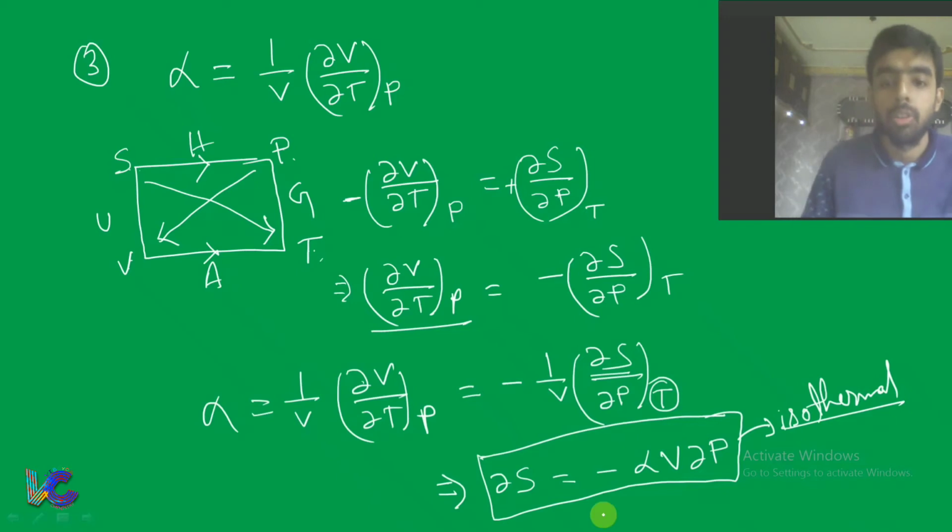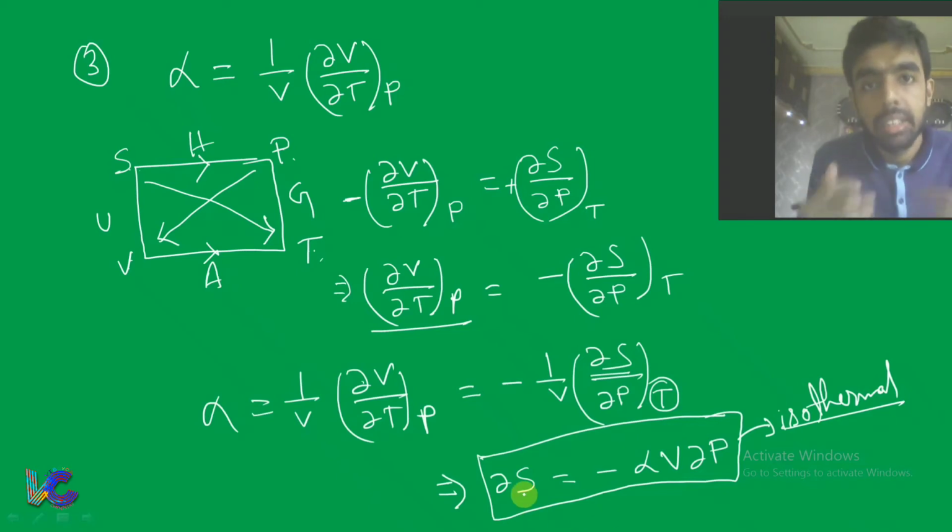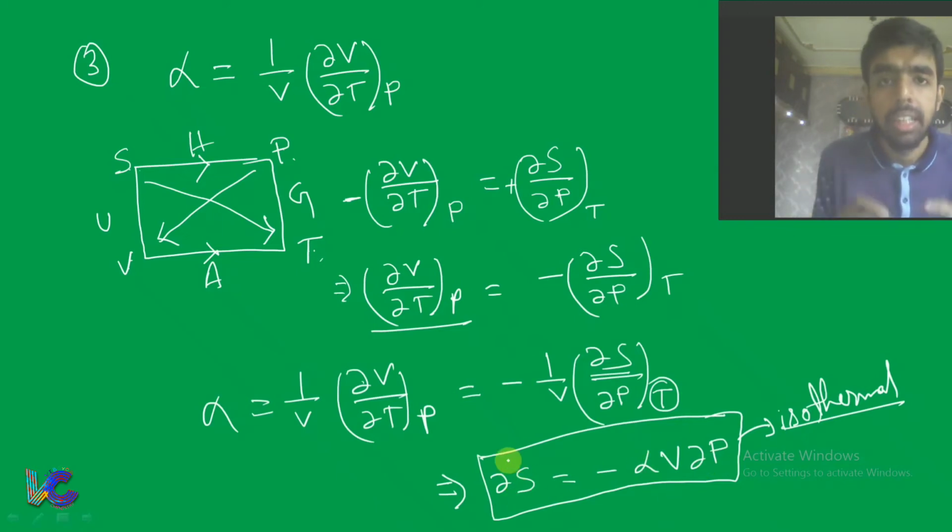So at isothermal condition, the change in entropy del S is equal to minus alpha V del P. That means by using the value of alpha, you can calculate the change in entropy value if you know the other values, and the condition is isothermal. So from the value of alpha, you can calculate work, and you can calculate change in entropy as well.